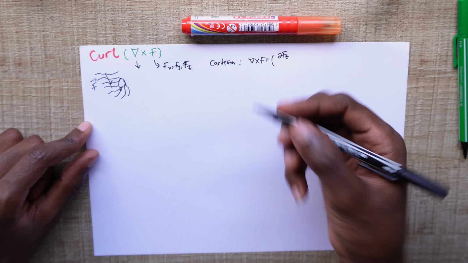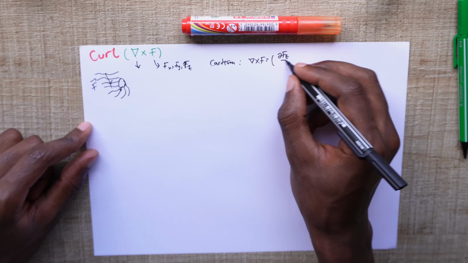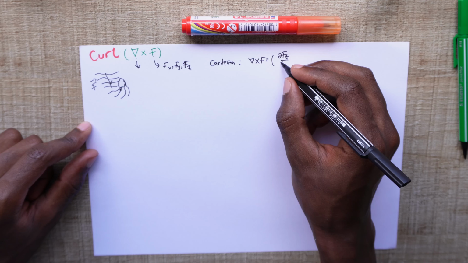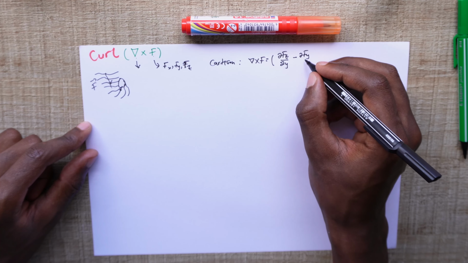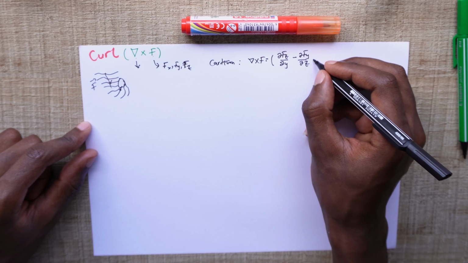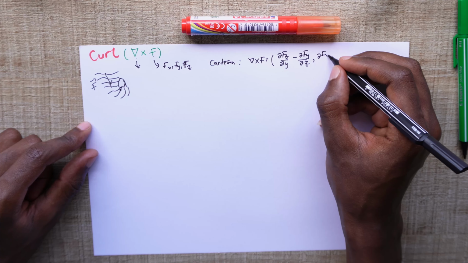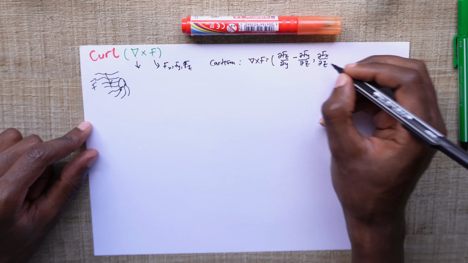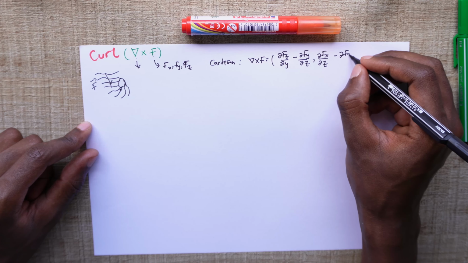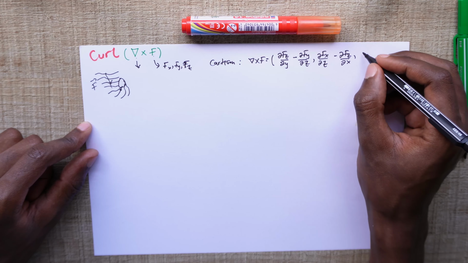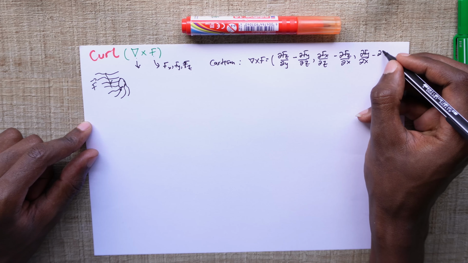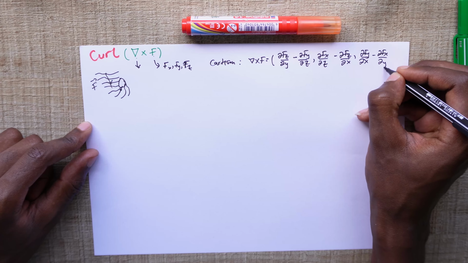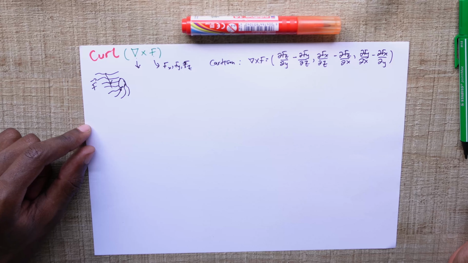So here we are just taking the cross product. So in Cartesian coordinates, it's ∂fz/∂y minus ∂fy/∂z, ∂fx/∂z minus ∂fz/∂x, ∂fy/∂x minus ∂fx/∂y. So these are the components.